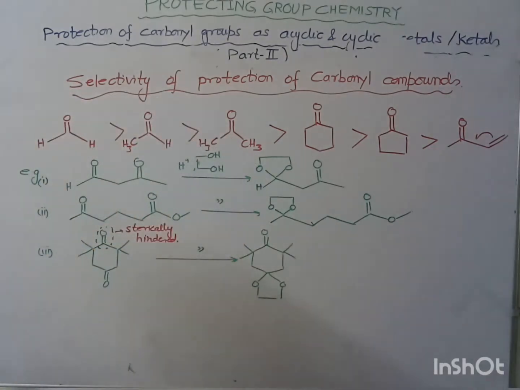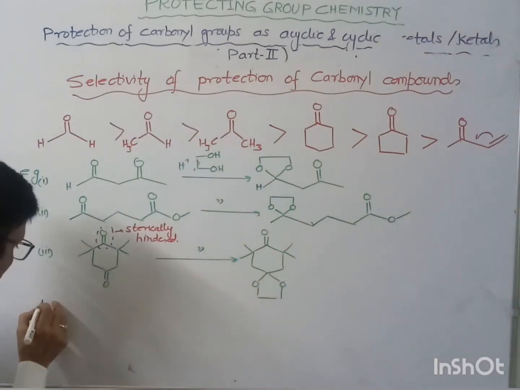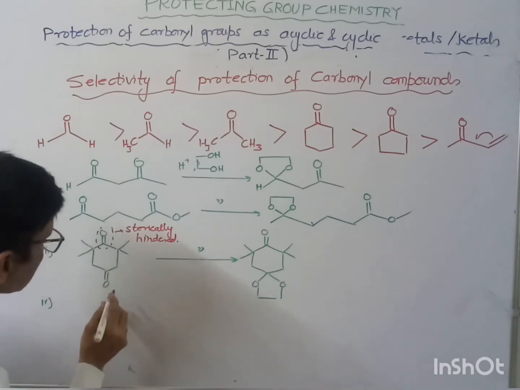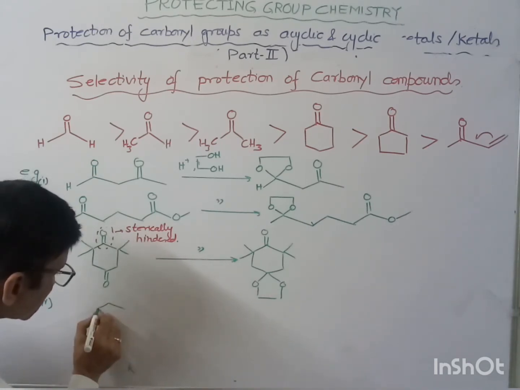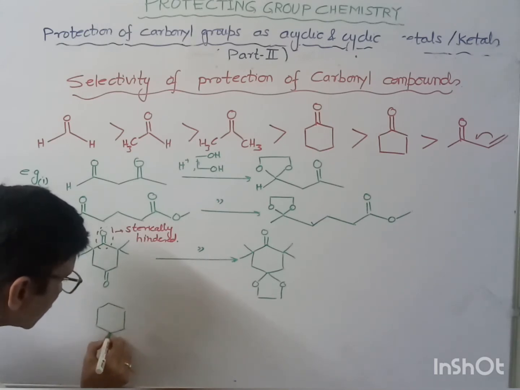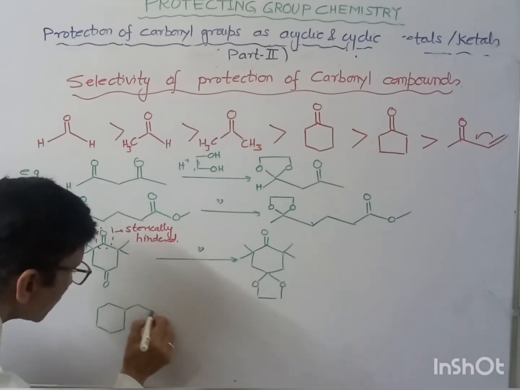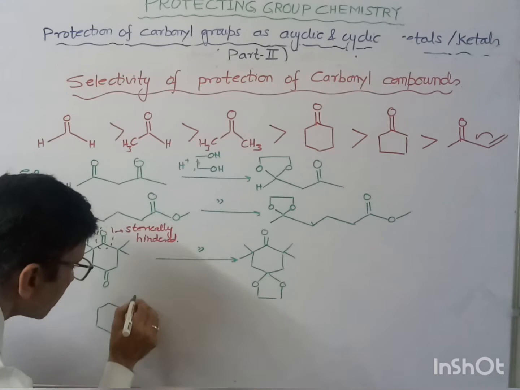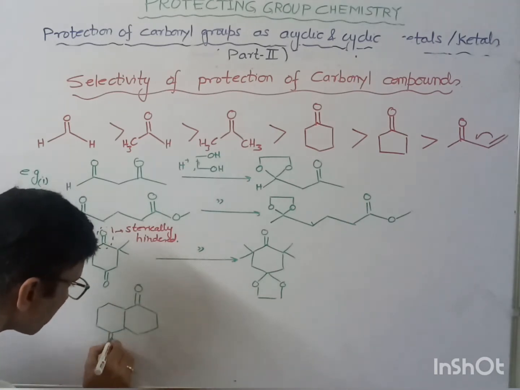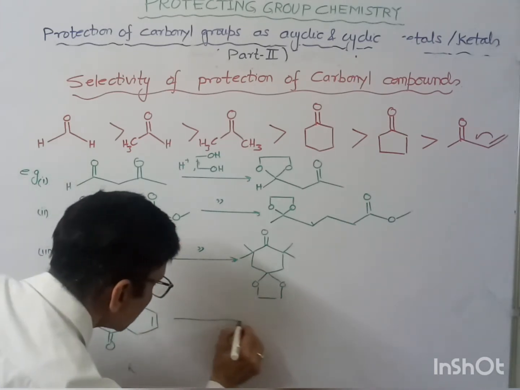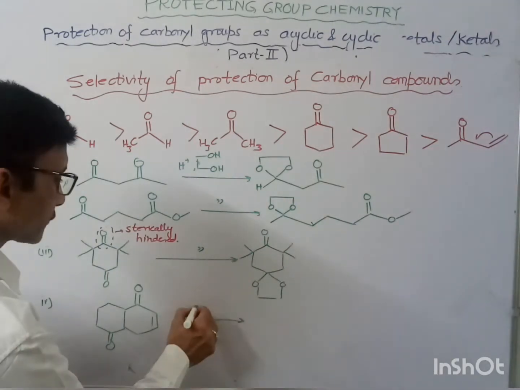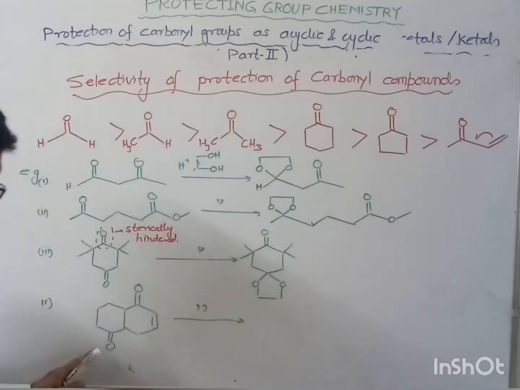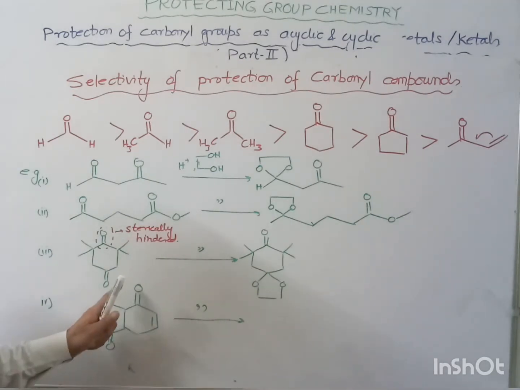So we can protect this carbonyl center. Okay, now in another example, let's take this one. We have two carbonyl groups, this is one carbonyl group and this is the other.